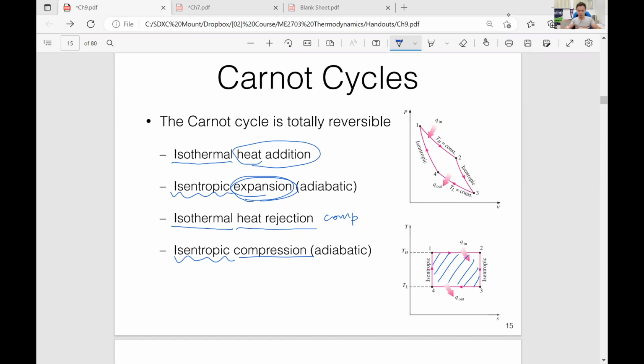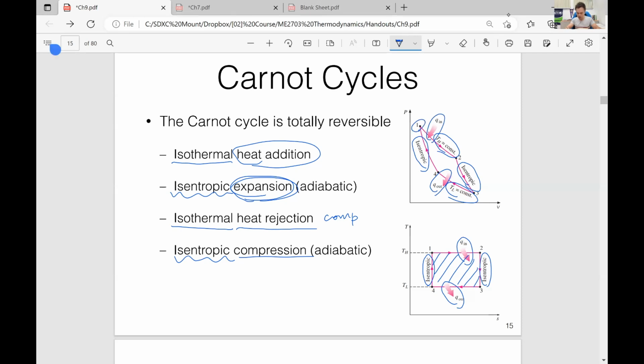So include every single detail as shown in this diagram. You need to know this is isentropic, this is isentropic, this is Q in, this is Q out. On a PV diagram, you need to know these two are isentropic, and these two are constant temperature. And this is Q out, this is Q in.